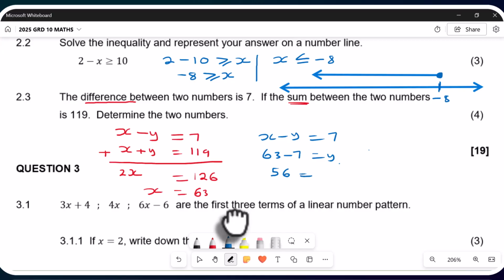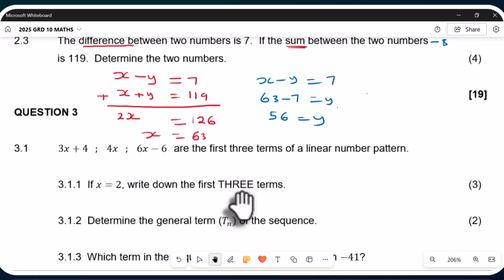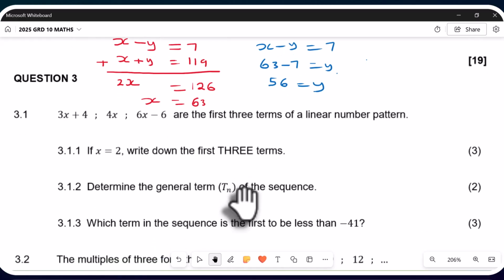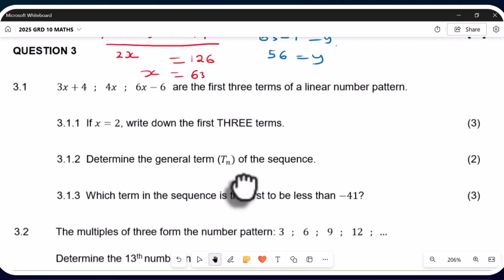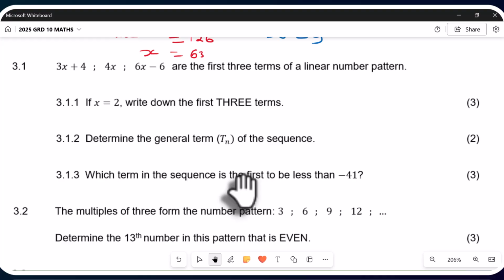Now, to avoid confusion, I'm going to say 12 plus 41 is less than 2n. Is that fine with you? So what do you get when you get this? 53, then 2n.